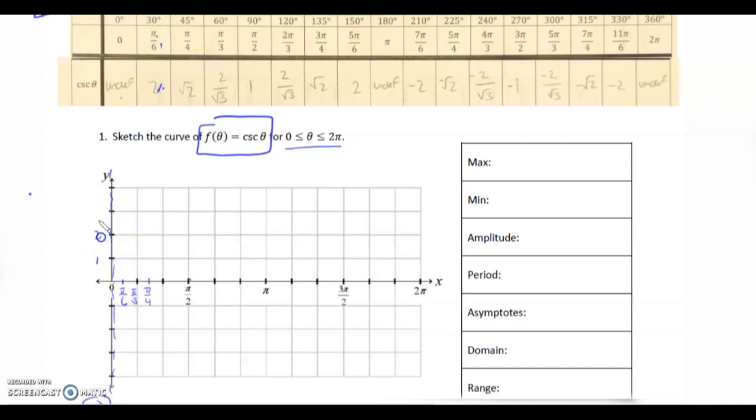So let's go 1, 2, 3, 4, negative 1, negative 2, negative 3, negative 4. Pi by 6 and 2. And now pi by 4 and root 2. Root 2 on your calculator is 1.4. Sorry, pi by 3 is on this side because it's 60 degrees.